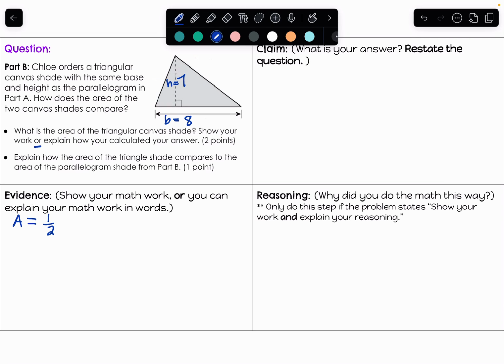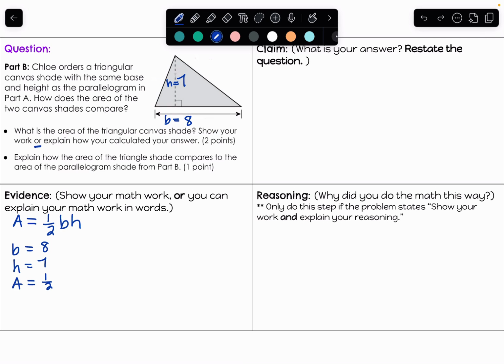I know the area of a triangle is 1/2 times the base times the height. I know my base is 8 meters. My height is 7 meters, and I'm going to plug those numbers into my equation. So 1/2, whenever there's just a number in front like this, these are all being multiplied together.